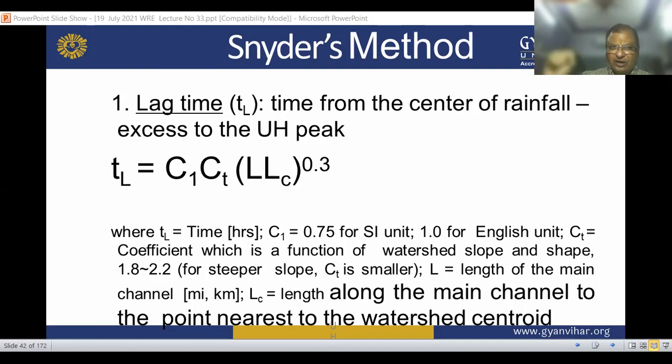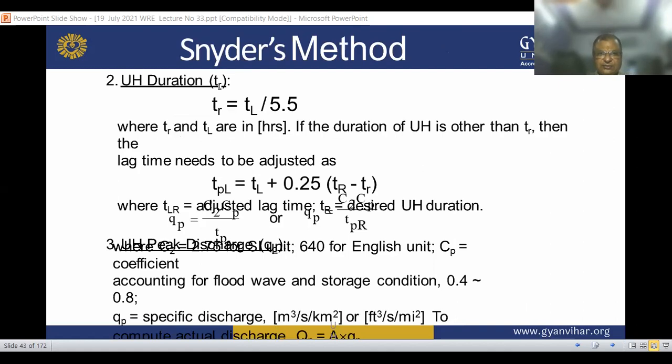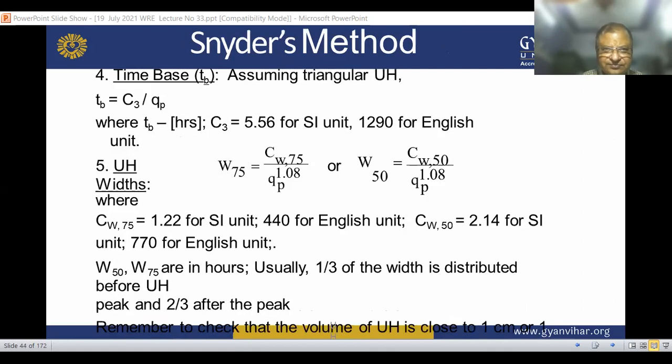The formula is TL equals C1 times (L Lc) to the power 0.3, where TL is lag time in hours, L is the length along the main channel, and Lc is the distance along the main channel to the point nearest the watershed centroid. This is the Snyder method calculation.